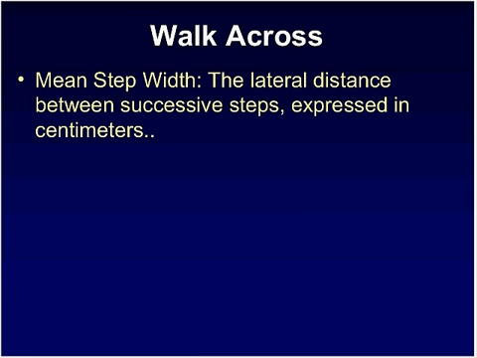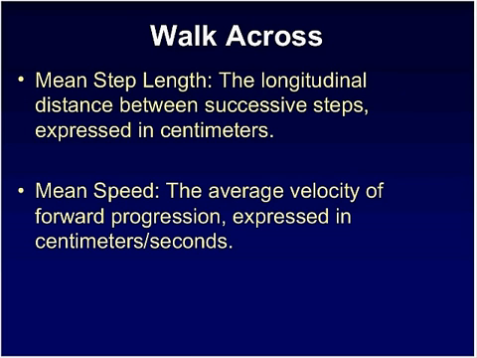The walk across is exactly what it says. The patient would walk across the force plate, and there are several dependent variables that are calculated: mean step width, mean step length, so the distance between successive steps, and those are all measured in centimeters. The speed, which is the average velocity of the forward progression, expressed in centimeters per second.